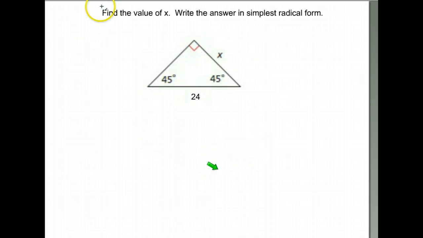All right, let's take a look at this question. So again, we're just going back through the two possibilities here. So this one again has a 45, 45, 90 triangle. I'm supposed to find this x. Is my x this time a leg or a hypotenuse?